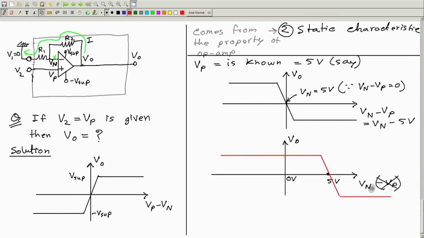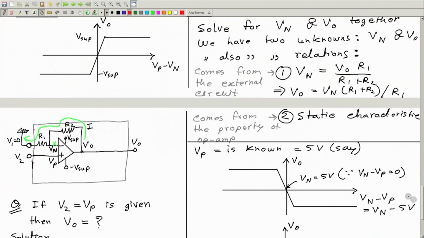So this is one relationship between Vn input and output, okay, which is coming from the static characteristic of op amp. And so this is relation 2, this relationship.